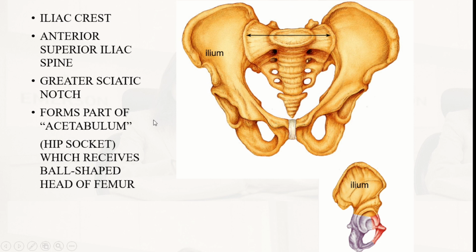Then you have the greater sciatic notch, and in between that forms part of the acetabulum, which is the hip socket, which receives the ball-shaped head of the femur. So the ilium forms at least half of the acetabulum.